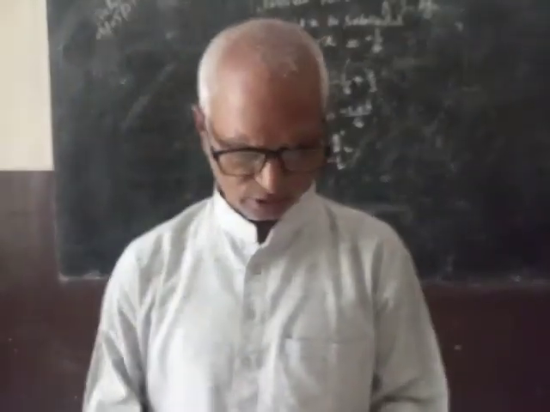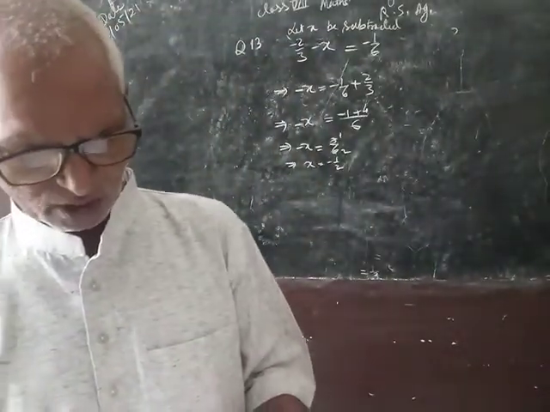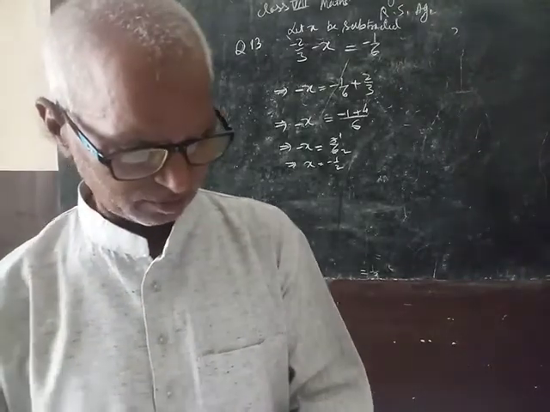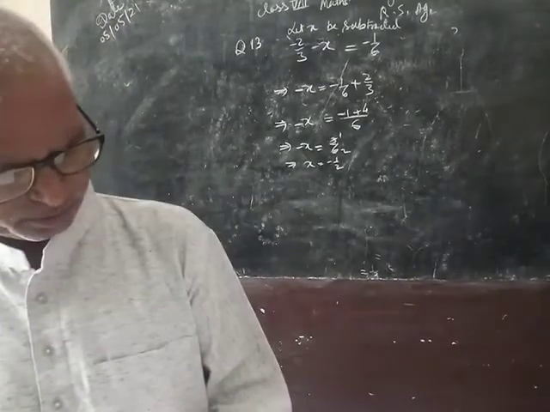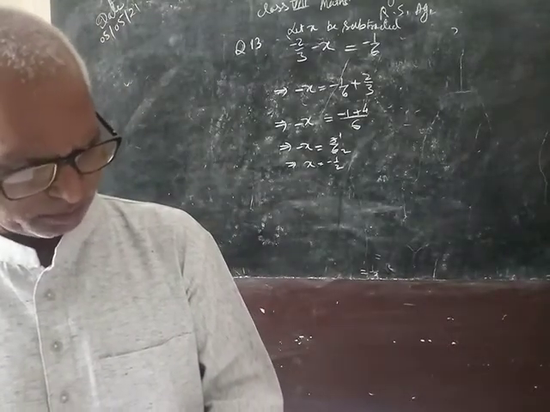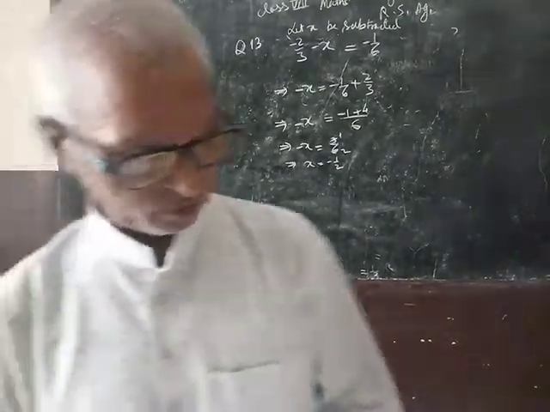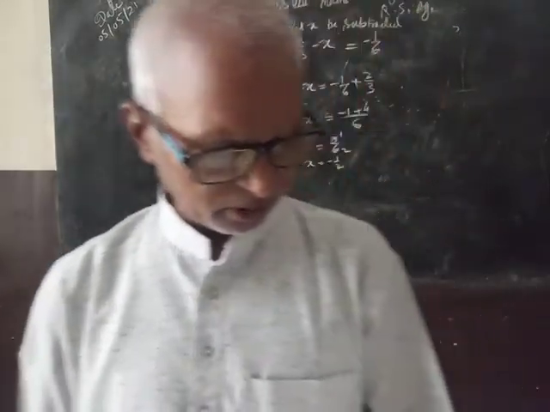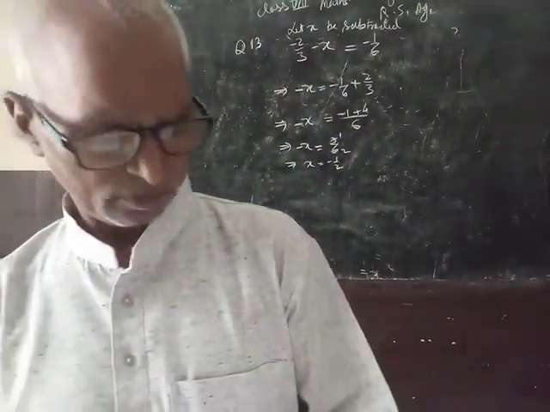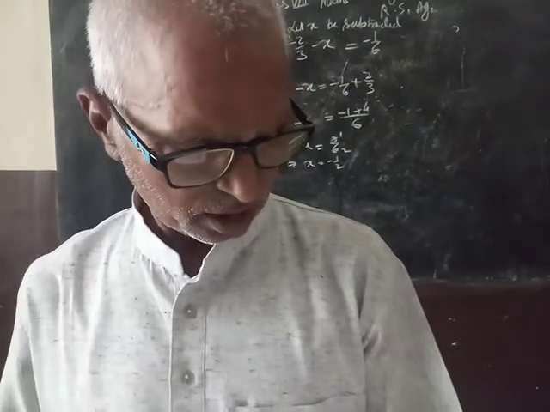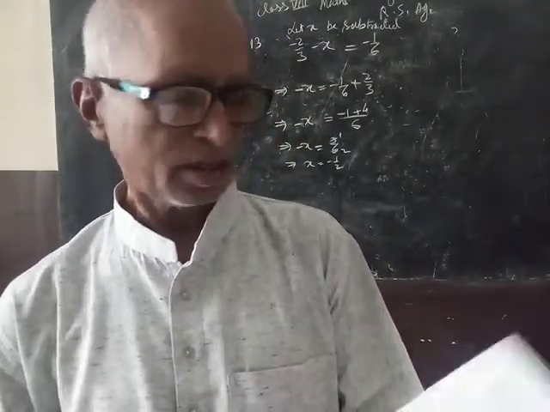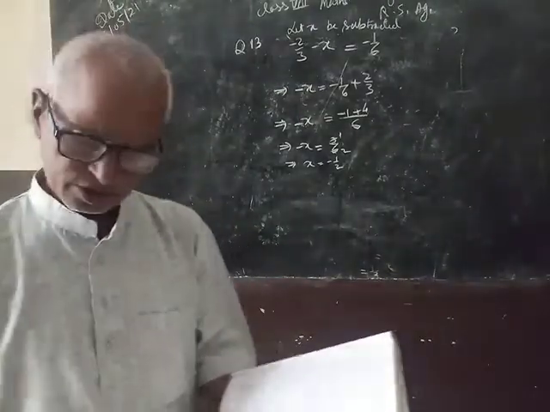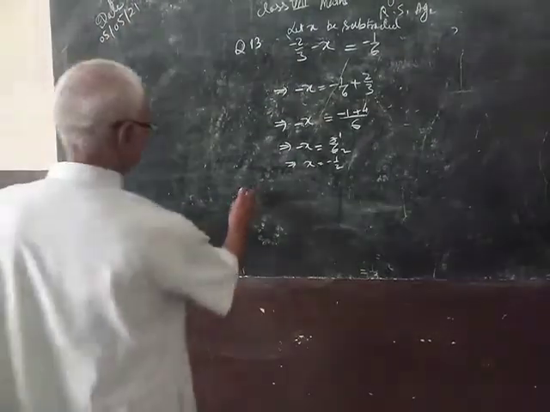It is question number 13 of exercise 1C. Then question number 14, sorry. In question number 14, it wants additive inverse of the given things. 7 things are given, and first is question number 14.